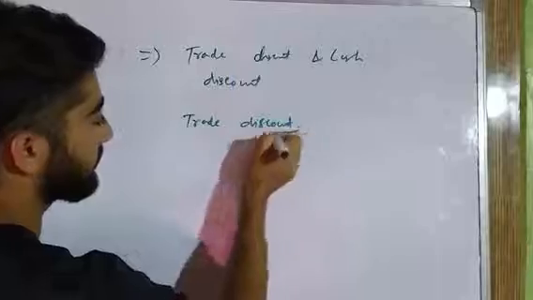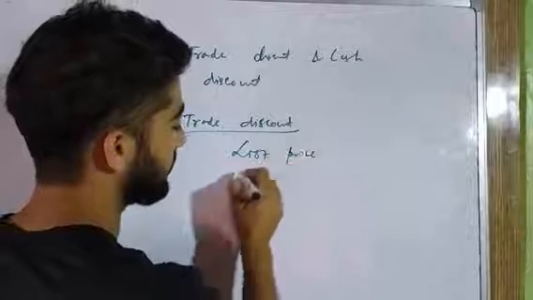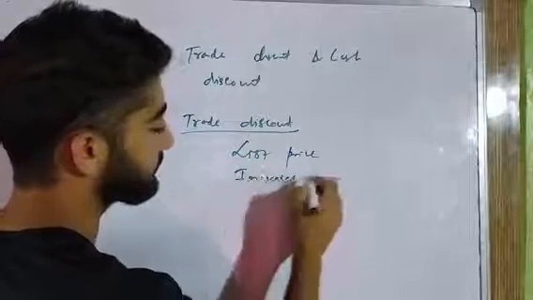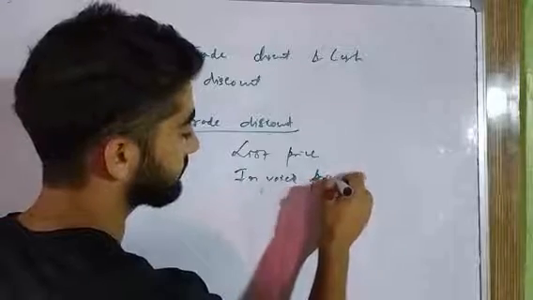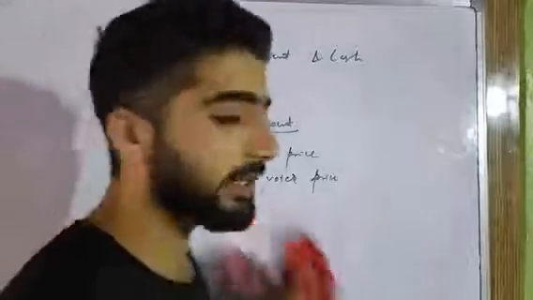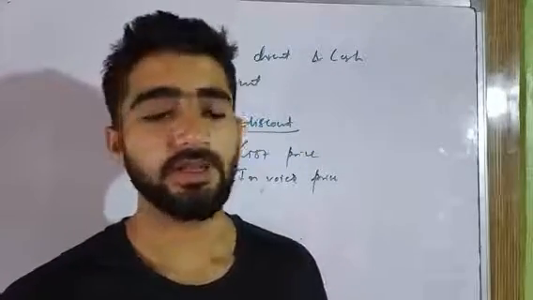The concession given in the list price or invoice price by the supplier to the buyer is called a trade discount.